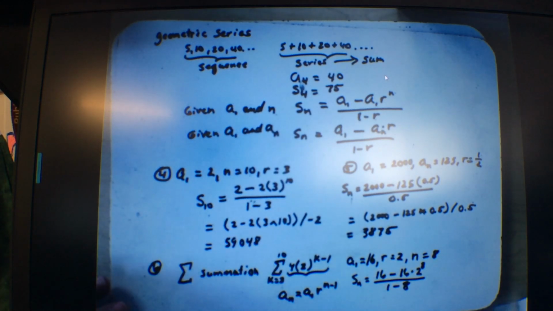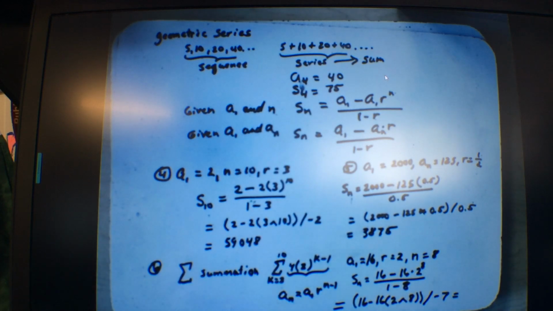Is that correct? Let's talk about how to put it in our calculator. Parentheses 16 minus 16 parentheses 2 caret 8 parentheses parentheses divided by a negative 7. Tell me what that value is. 582.8. Oh, they got 4,080.